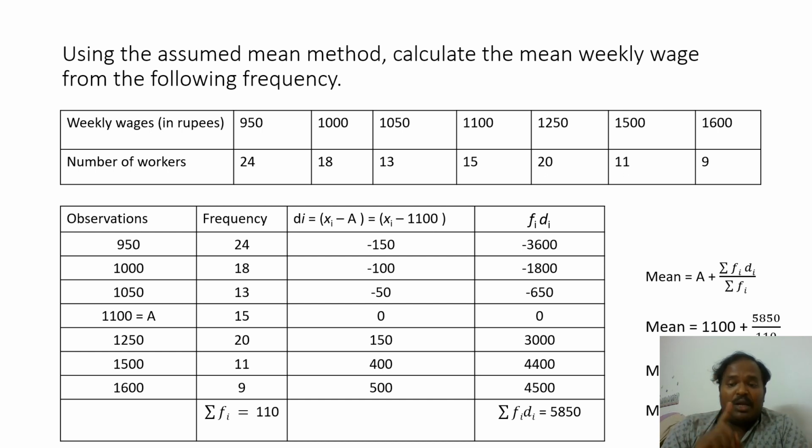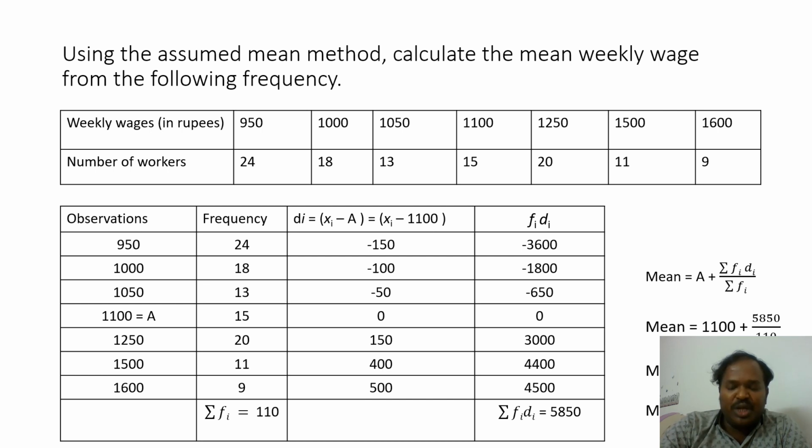How many such observations are there? 950 occurs 24 times. Therefore, the deviation would be 24 times 150, so for all the observations in that column it will be minus 3600. Similarly, I'm going to find this for all observations.